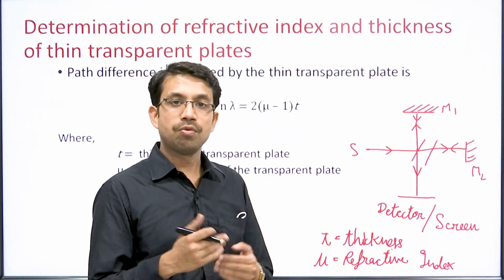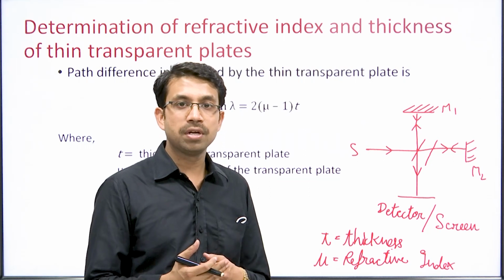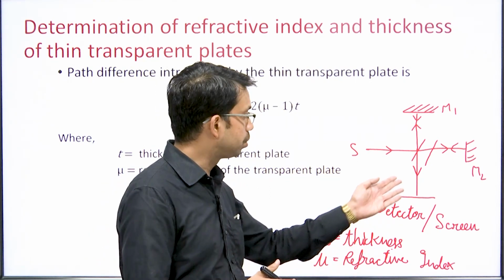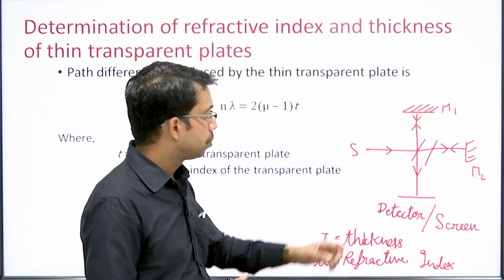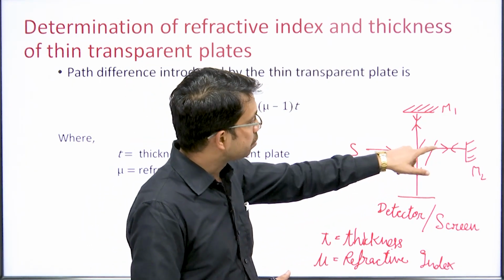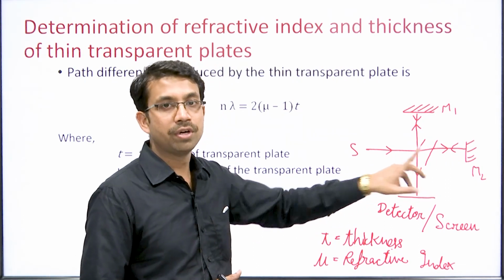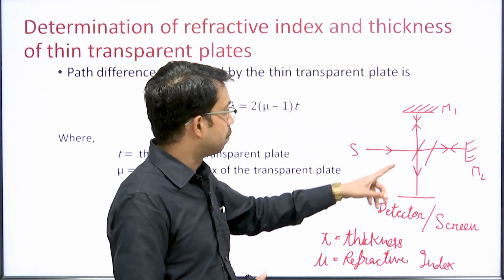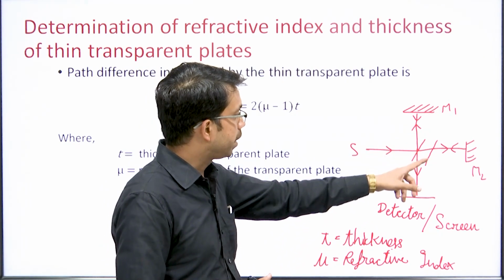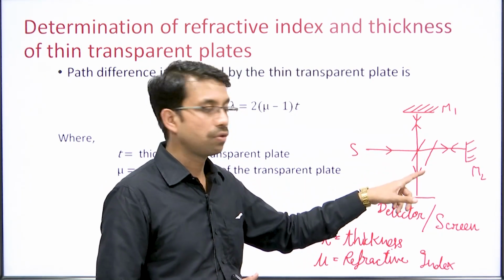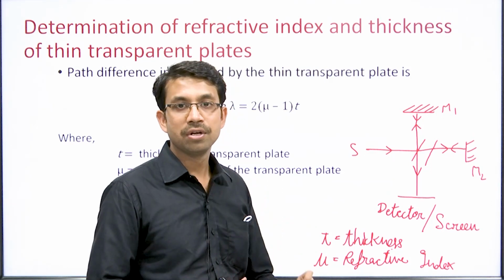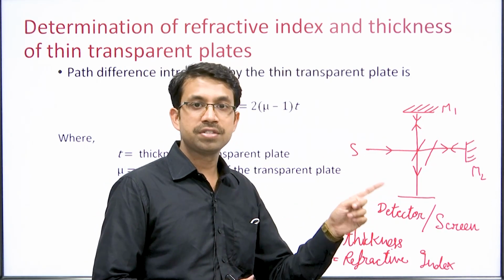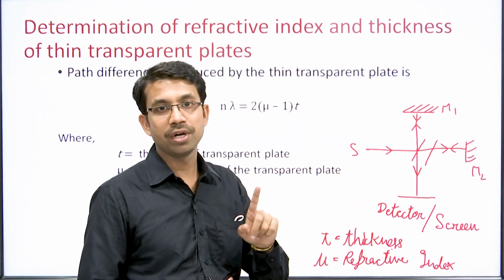So, how much path difference will be introduced due to this glass plate? Earlier the light was travelling through air. What is the refractive index of air? 1. Now, for this thickness, when we place a glass plate, the light has to travel through this glass plate.